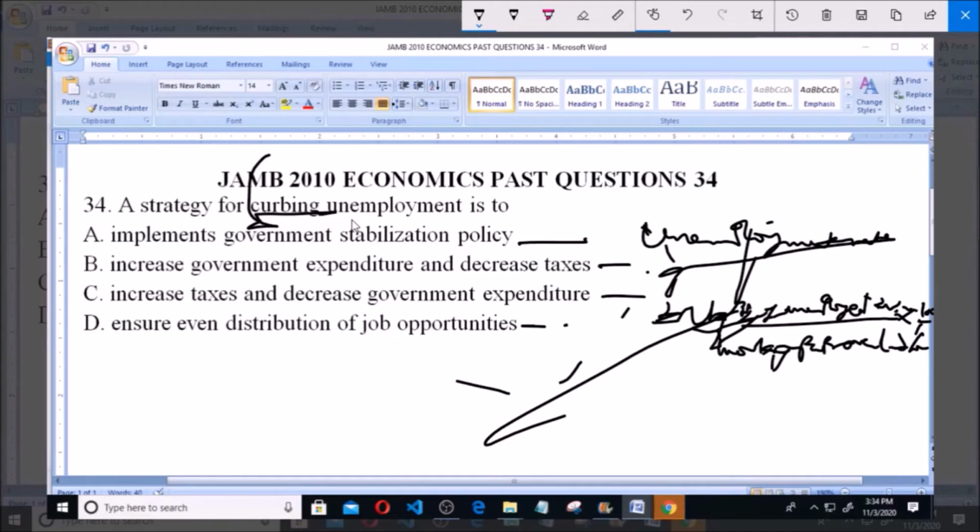So from our options, you find out that option D, which says ensure even distribution of job opportunities, is the correct option.